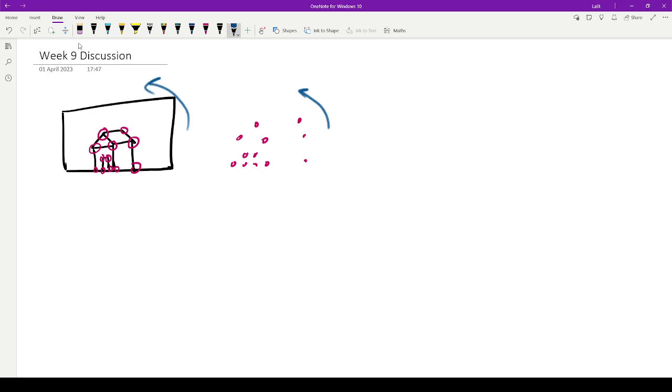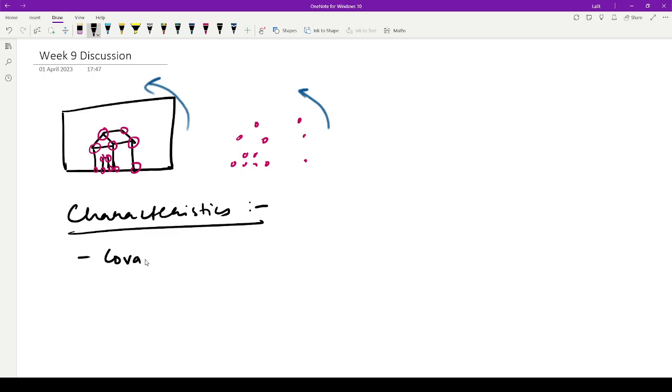So, what are the characteristics that we require for interest points? The first is it should be invariant, or rather, first I'll write it as covariant. Covariant to rotation, translation.